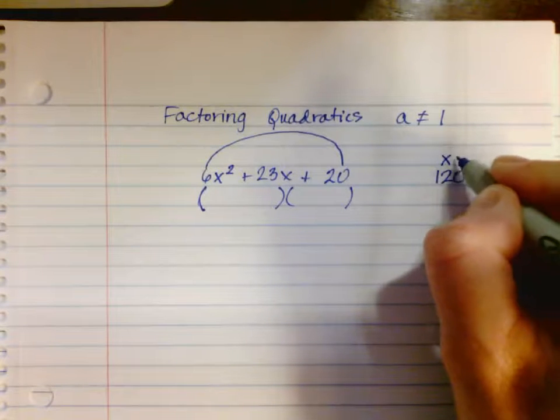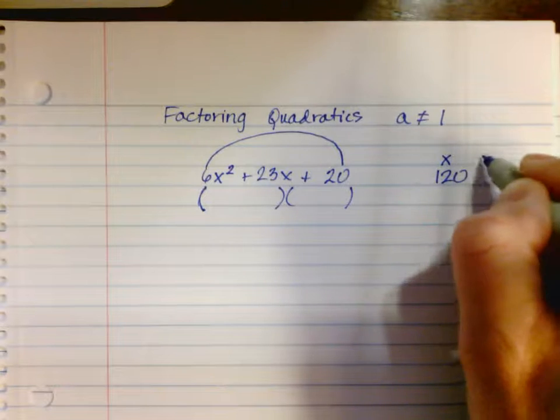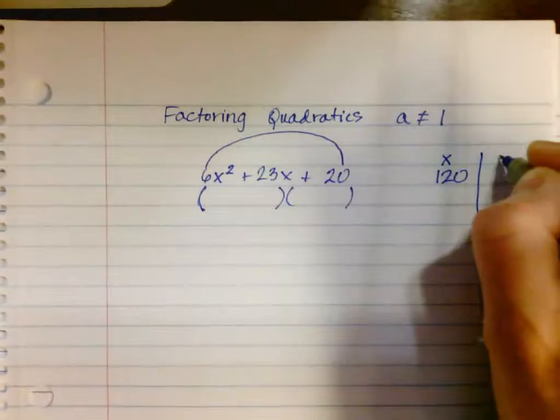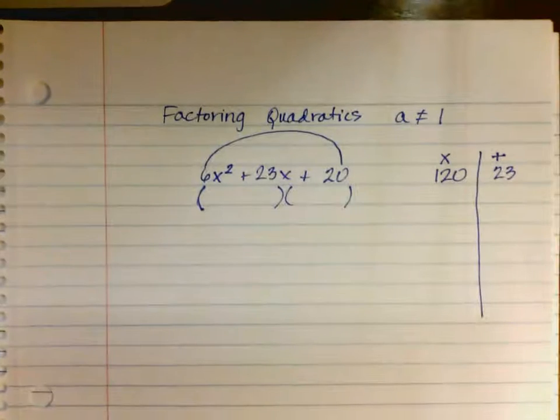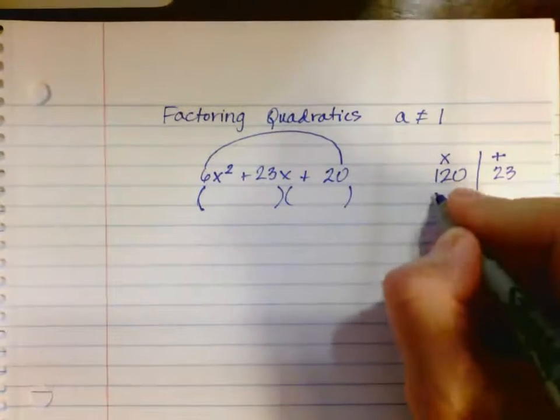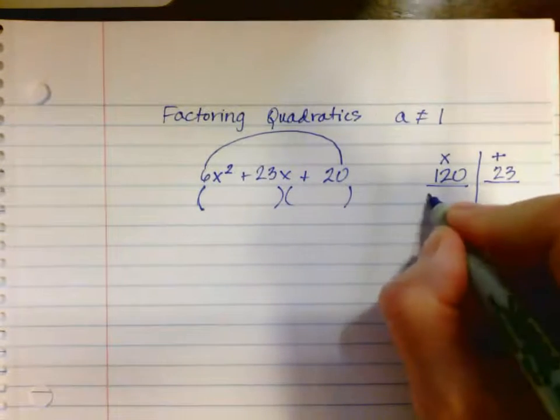We need to find factors that multiply to get 120, but then are going to eventually add up to 23. So let's start and do it methodically so we don't miss any.